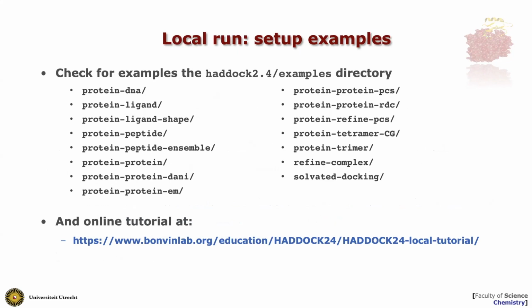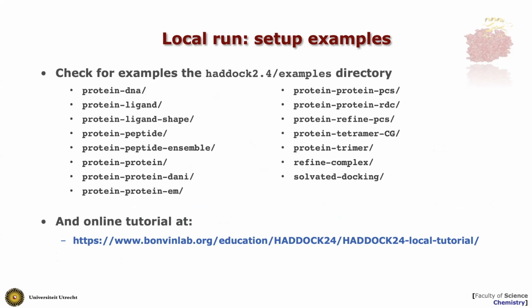In general, if you're using a local version, don't start from scratch. HADDOCK comes with an examples directory with different scenarios. Some of these are NMR specific. You have examples of coarse graining, a trimer, peptides, small molecule, nucleic acids, EM refinements. So look at those, try to copy the setup from those.